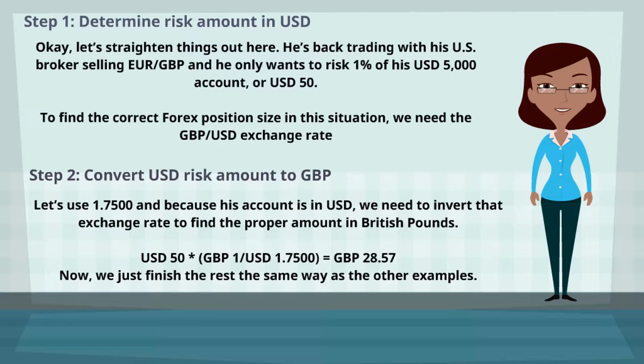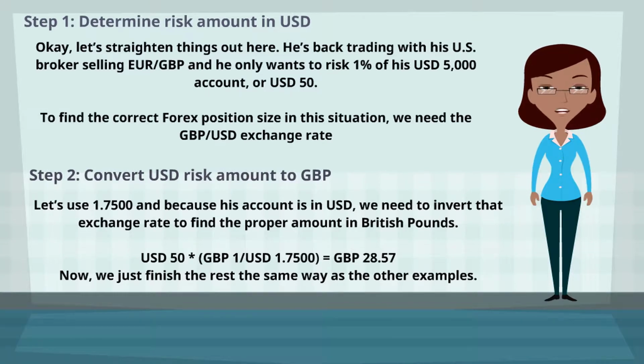Step 1. Determine risk amount in USD. Okay, let's straighten things out here. He's back trading with his US broker selling euro to pound sterling and he only wants to risk 1% of his 5,000 US dollars account, or 50 US dollars. To find the correct forex position size in this situation, we need the pound sterling to US dollar exchange rate.